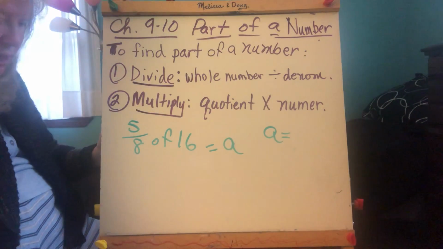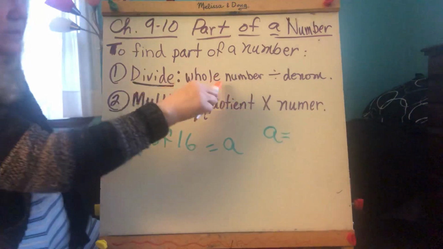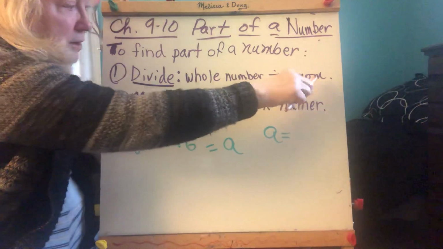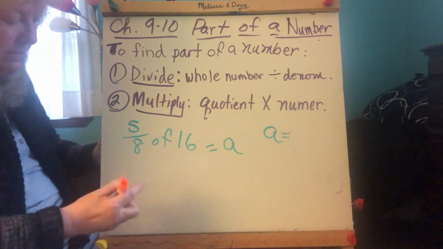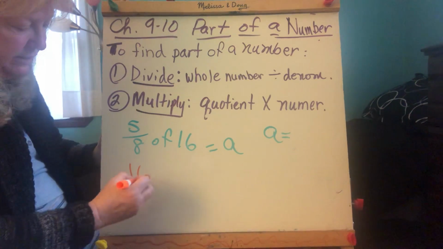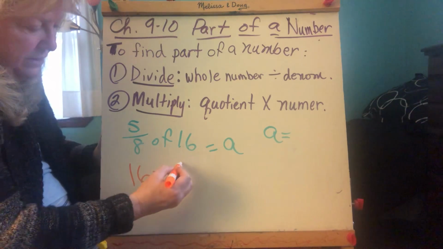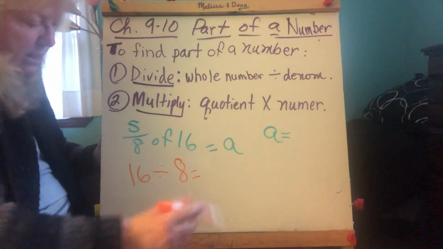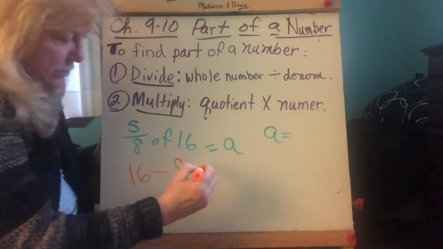Okay, so the steps are the same. Step 1, divide your whole number by your denominator. Divide 16, which is my whole number, by my denominator, which is 8. 16 divided by 8 is 2.